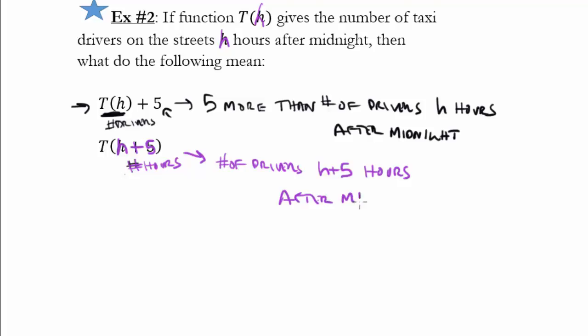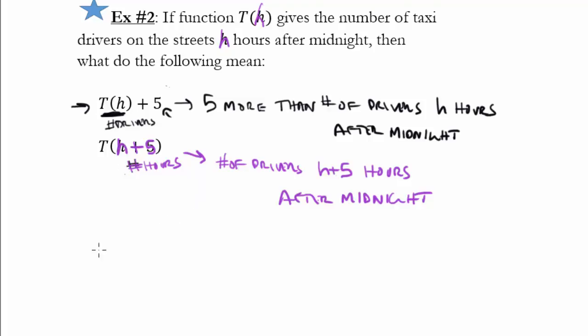So in this case, the 5 is referring to an additional number of hours after midnight, whereas in our first case, the 5 is referring to an additional number of drivers. So you see there's a large distinction between these two expressions written in function notation.